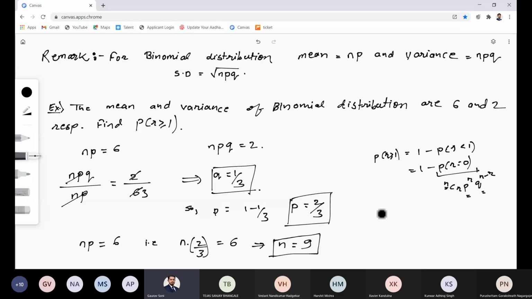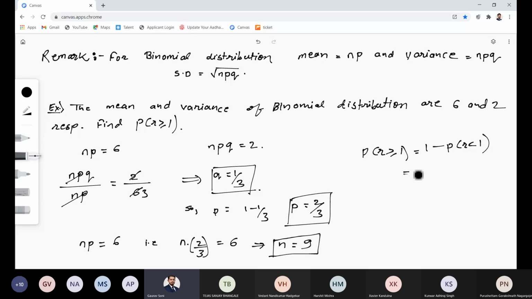So probability of R greater than or equal to 1 is equal to 1 minus probability of R strictly less than 1, which is 1 minus probability of R equal to 0.